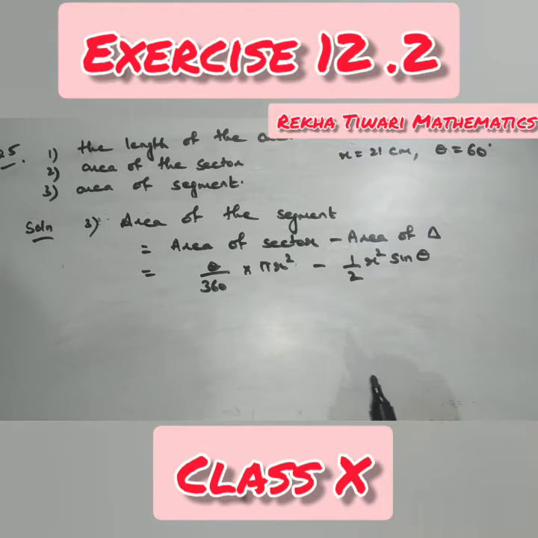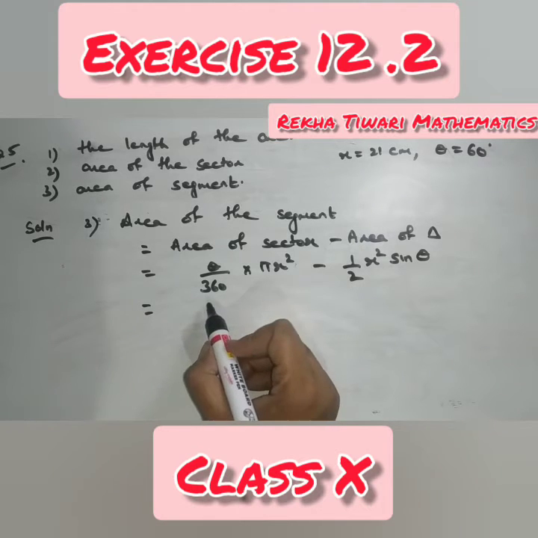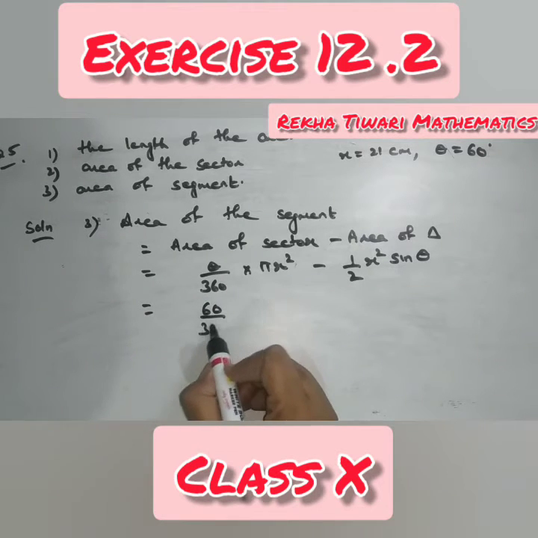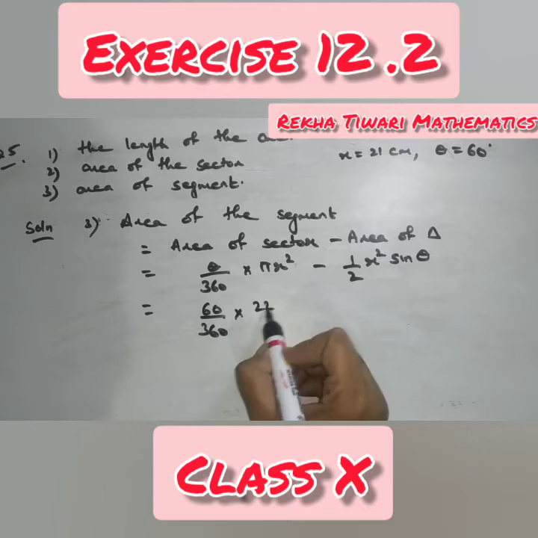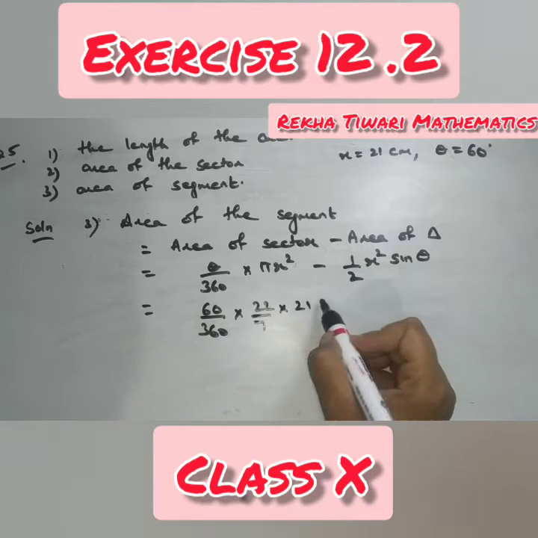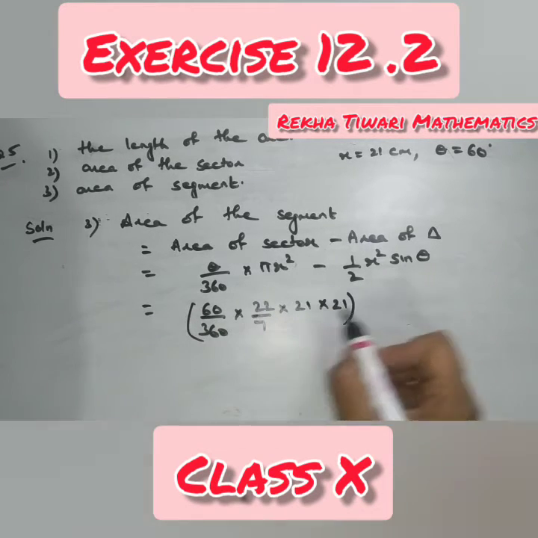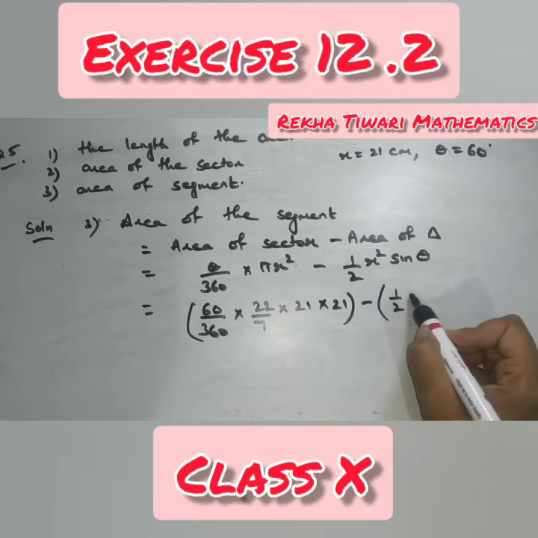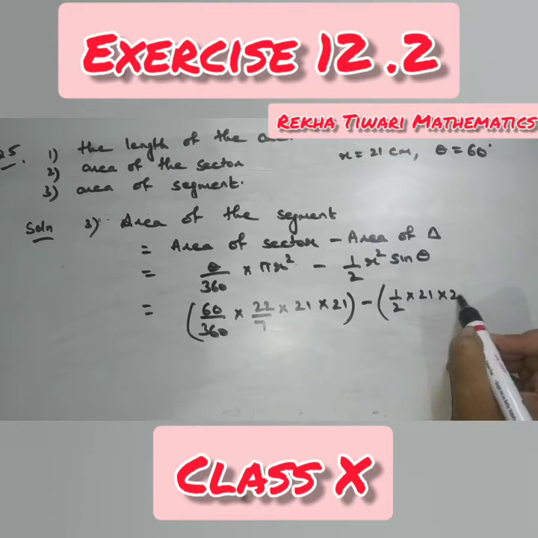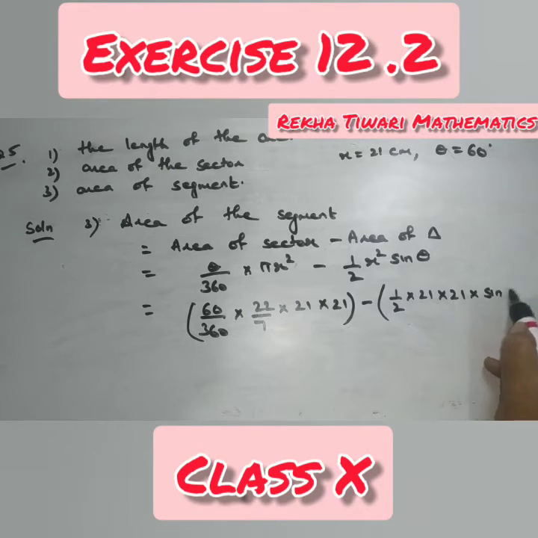So when you solve this, see, put down the value first. This is 60 upon 360 into 22 by 7 into 21 into 21 minus half into 21 into 21 into sine 60. And in trigonometry you have read the values of some specific angle, and there you read that sine 60 is what? Sine 60 is root 3 by 2.